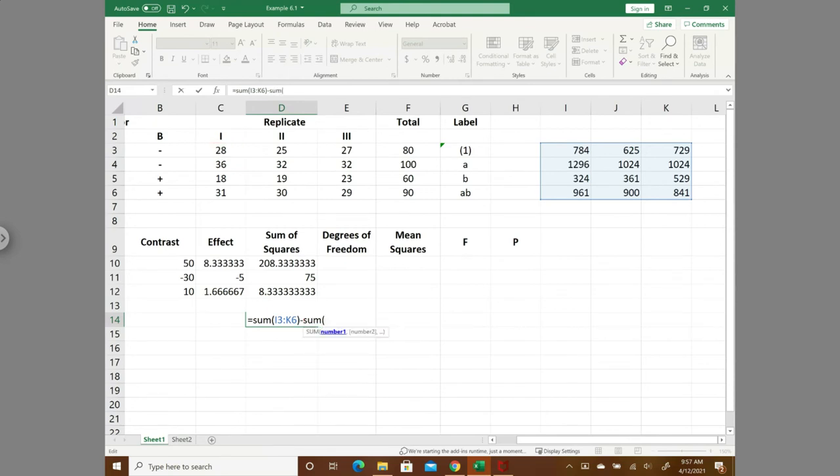Let's first sum all these observations, that is y dot dot dot, and take the square of that.